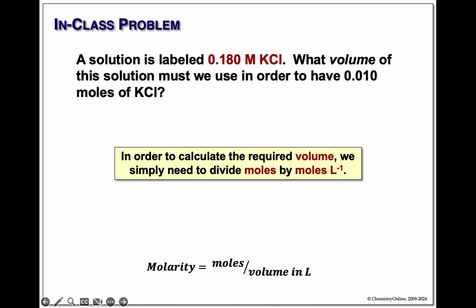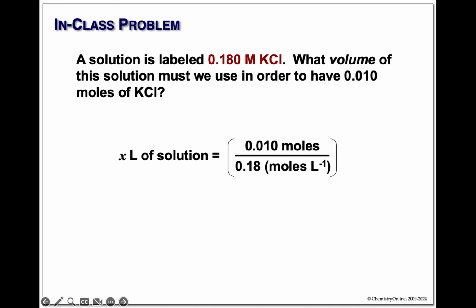So, our moles, 0.01, our molarity, 0.18, moles and moles per liter cancel, liter comes up top, and our volume of our solution, 0.056 liters. Now remember, whenever you do this, you're going to get an answer in liters. In lab, you would measure this out in milliliters, 56 mils.